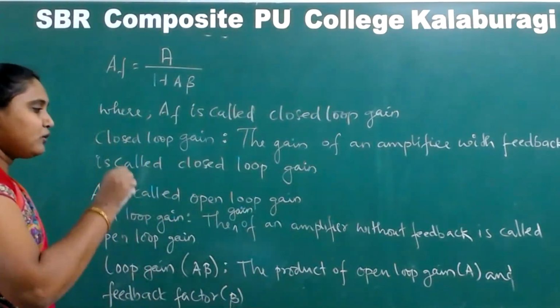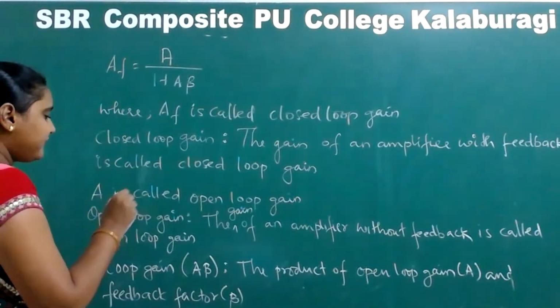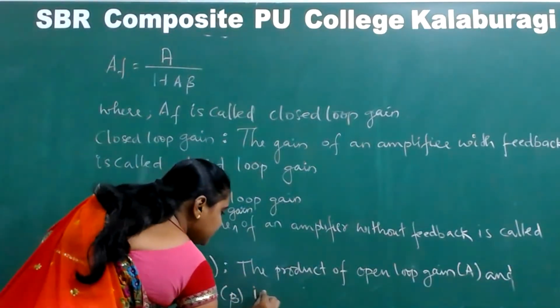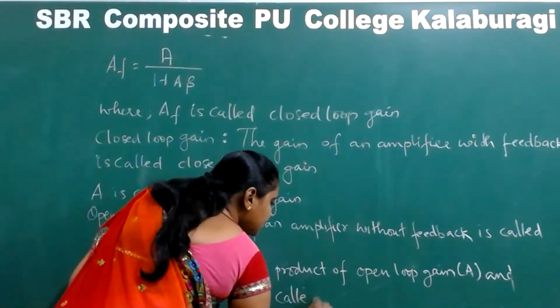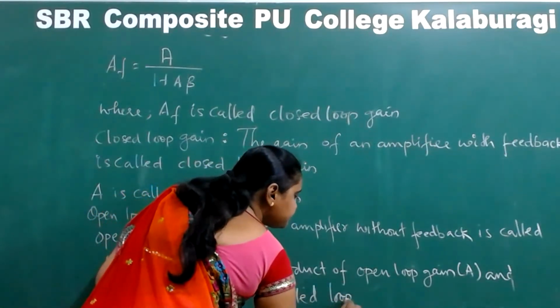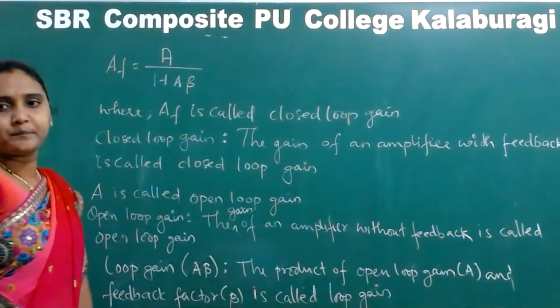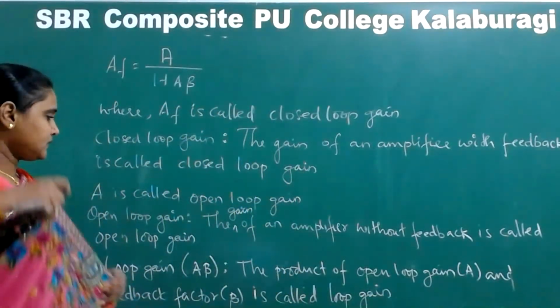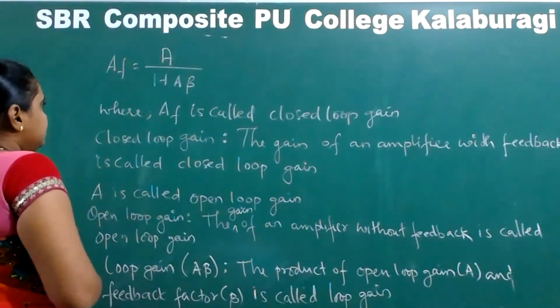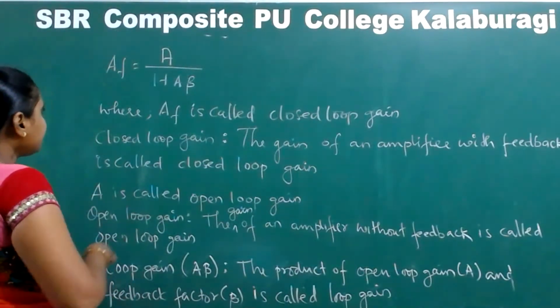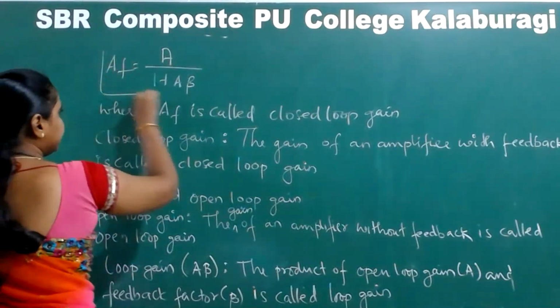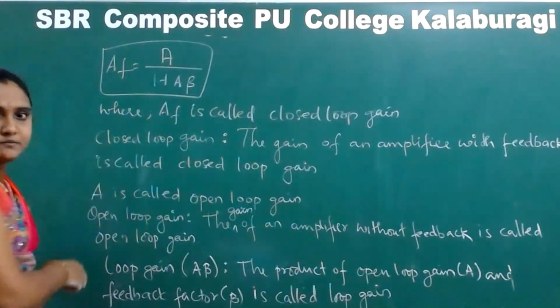Okay, the product of open loop gain A and feedback factor beta is called loop gain. It is called loop gain. Okay, it's called loop gain. Right? So all these terms are in the expression.